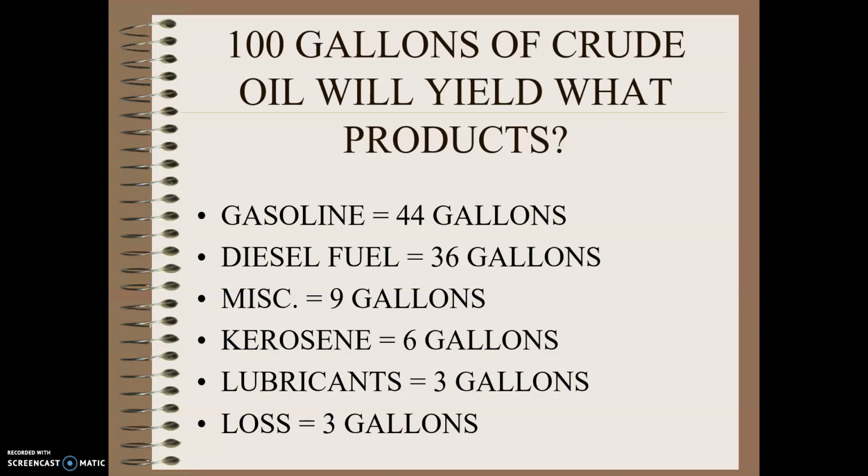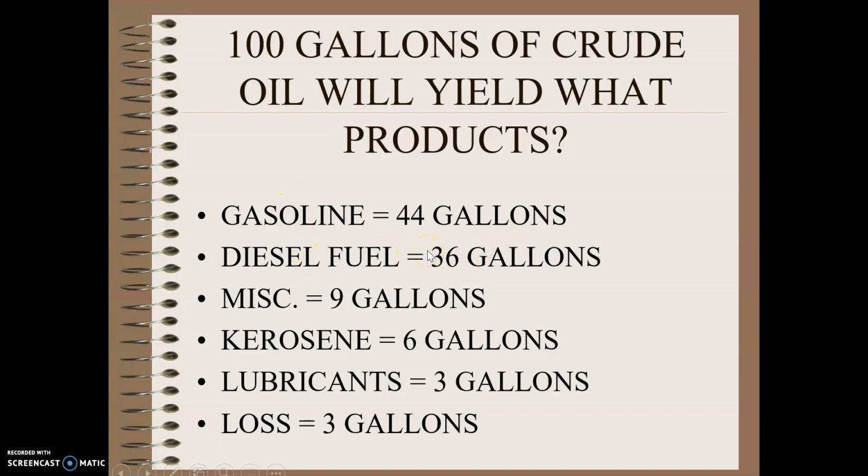Some of those things are used to make plastics and rubbers and things like that. 6 gallons of kerosene, 3 gallons of lubricants. This would be your motor oil, fluids that lubricate, and then you'd lose about 3 gallons. So the lion's share of that 100 gallons goes into gasoline and diesel fuel.